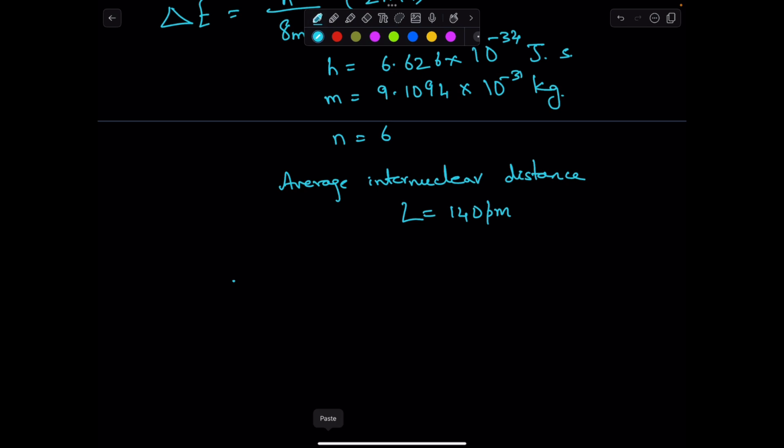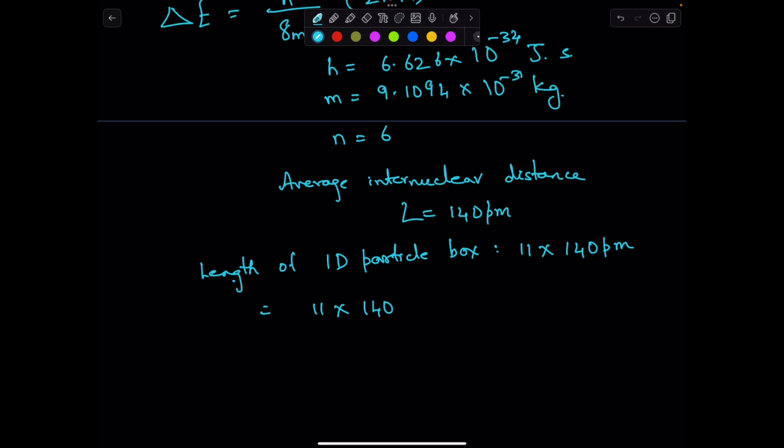The length of the one-dimensional particle box would be 11 times 140 times 10 to the negative 12 meters, because 1 picometer is 10 to the negative 12 meters.